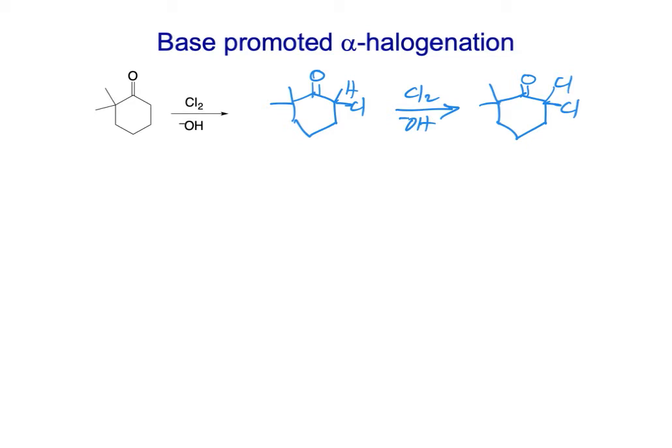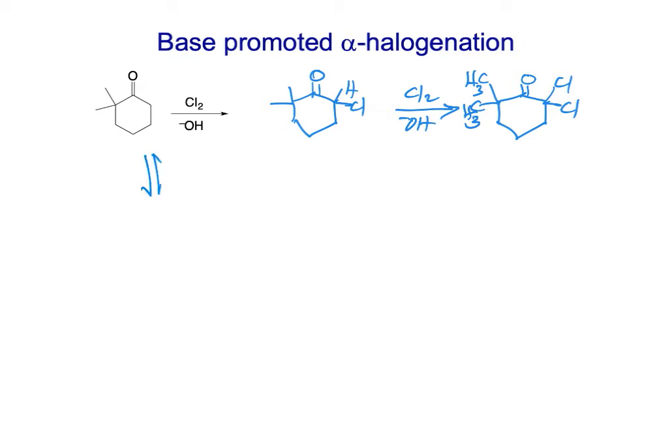Notice in these examples I've put methyl groups on this side, so that alpha position does not have a proton that can be substituted for. So let's look at the mechanism of the basic halogenation, and we'll try to understand why this reaction proceeds to complete substitution of all of those alpha positions.